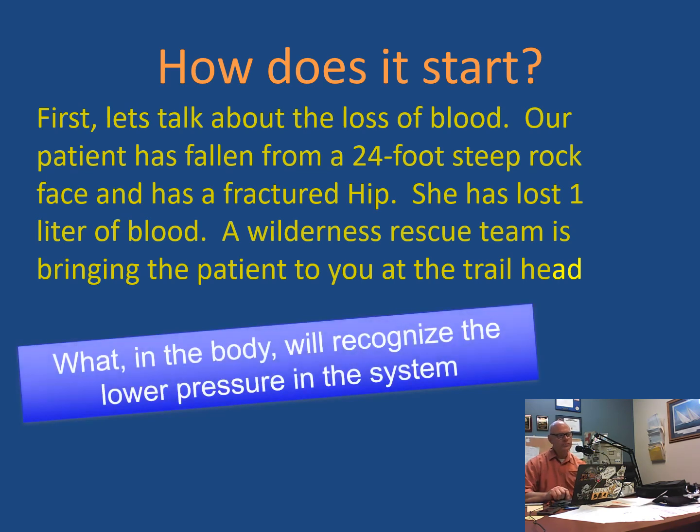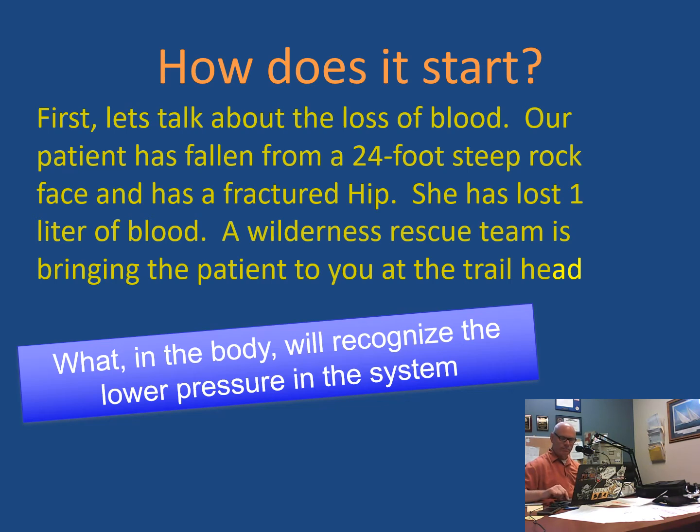So the first part, while we're just contemplating what's going on with our patient, as we sip coffee waiting for our wilderness team, what in the body will recognize that there's a low pressure? And where is that thing? So what is that called? Earlier, when we talked about respiratory rate, we talked about a chemoreceptor measuring CO2 and pH, measures oxygen.